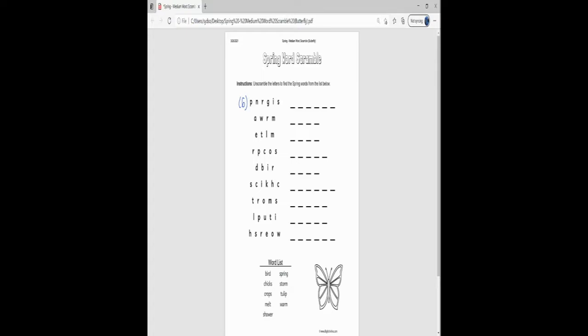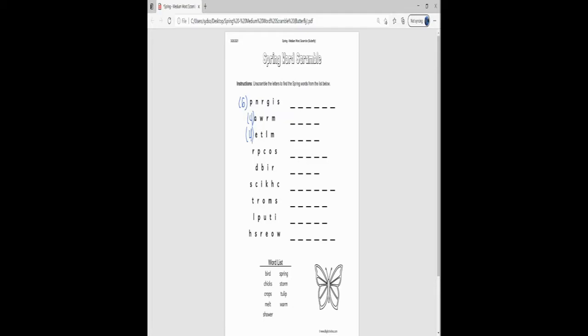A, W, R, M. That's 4 letters. So we know that word has 4 letters. The third one also has 4 letters. Now starting at the one that starts with R, P, C, O, S, how many letters are in that?